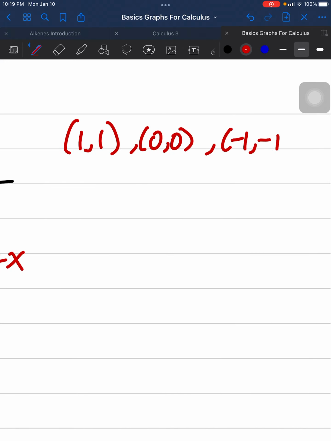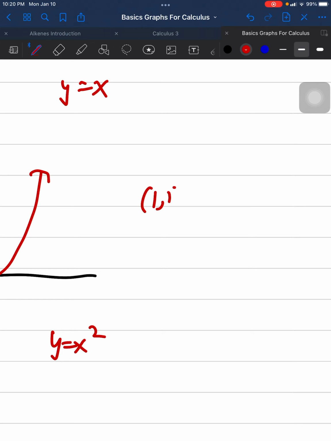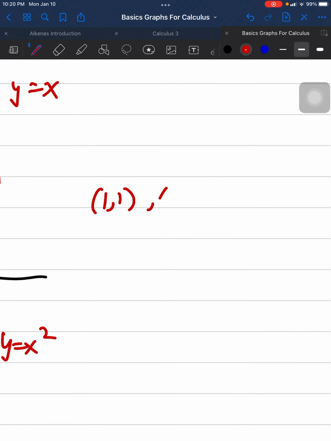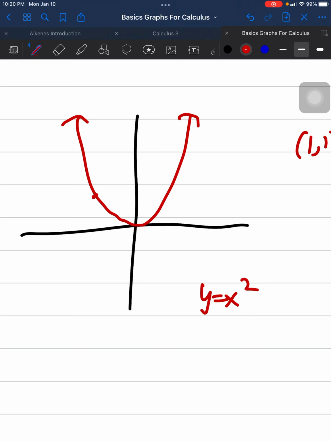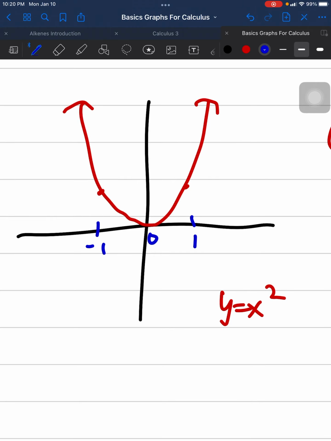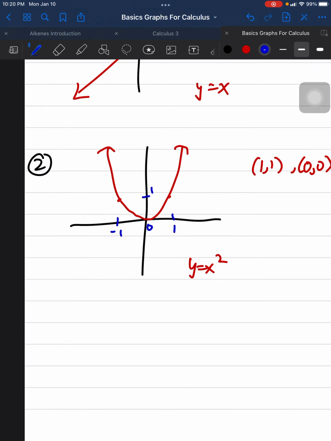So the critical points for this parabola are 1, 1, 0, 0, negative 1, 1. So these critical points right here. And 1. And this y point here is 1.